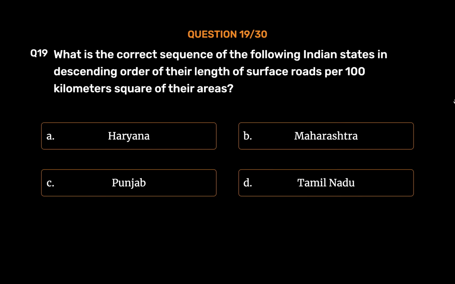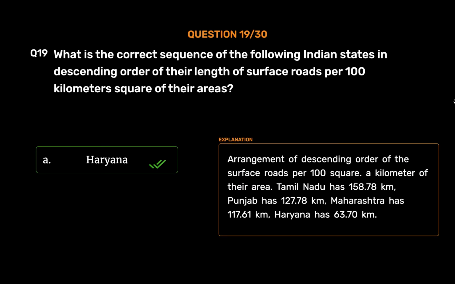The correct answer is Option A. Arrangement of descending order of the surface roads per 100 square kilometers of their area. Tamil Nadu has 158.78 kilometers. Punjab has 127.78 kilometers. Maharashtra has 117.61 kilometers. Haryana has 63.70 kilometers.